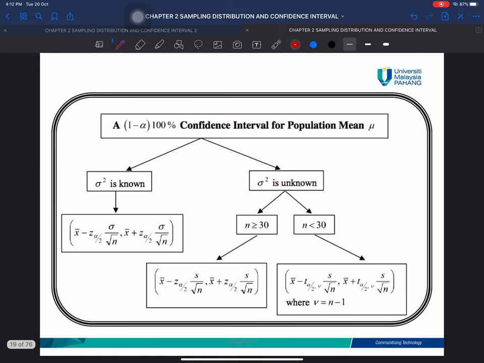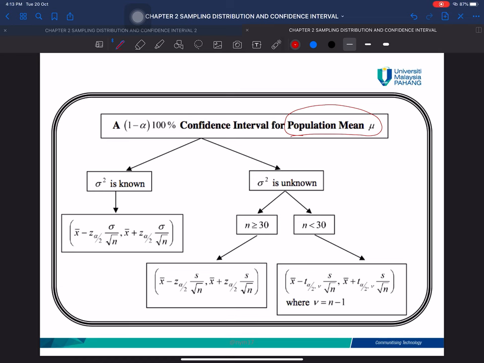Now we go to the formula for the confidence interval for the population mean. How do we know that we are going to construct the confidence interval for the population mean? First, sometimes your question will mention it clearly: construct the confidence interval of the population mean, or of the average, or of the mean of something.